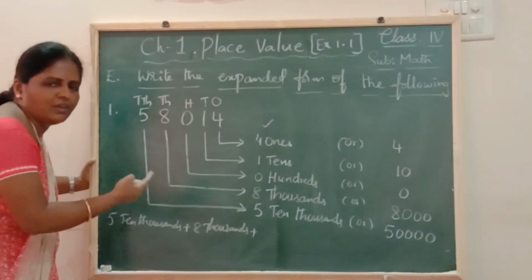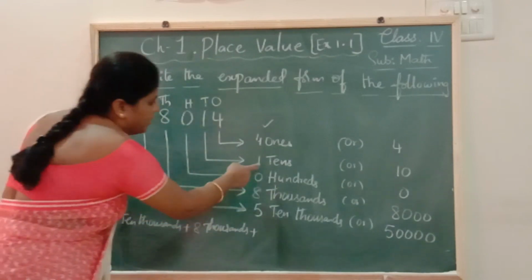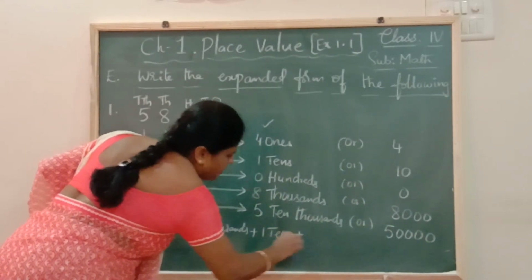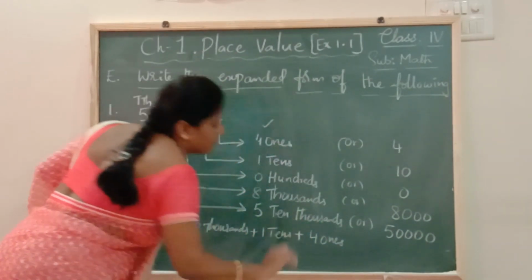You can write it or you can skip it, children, because only 0 is there. Okay, straight away you can go to 1 tens plus 4 ones.